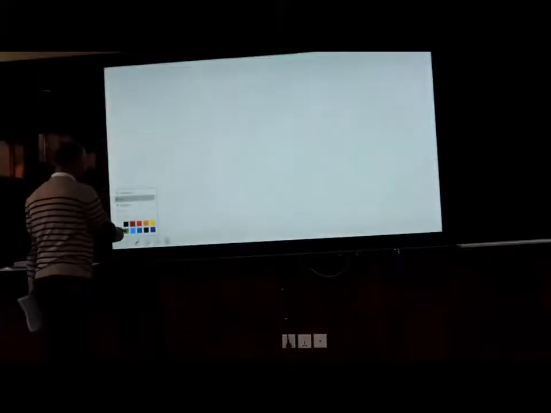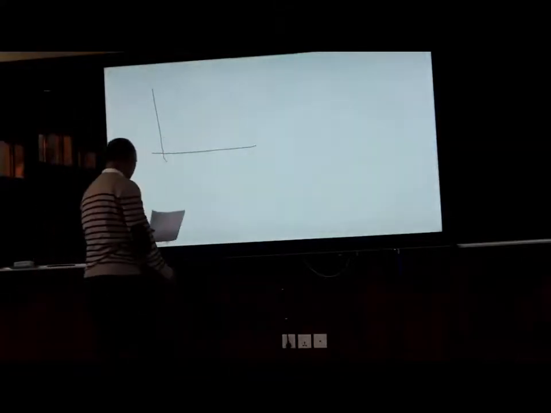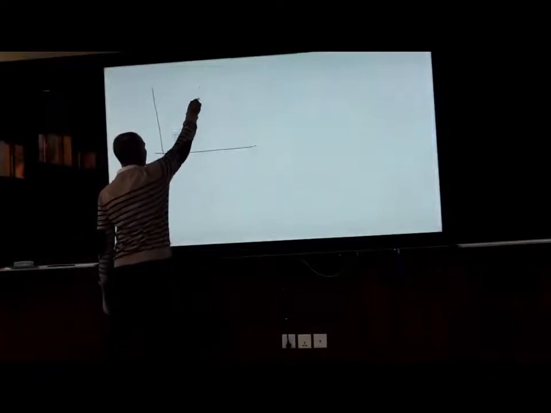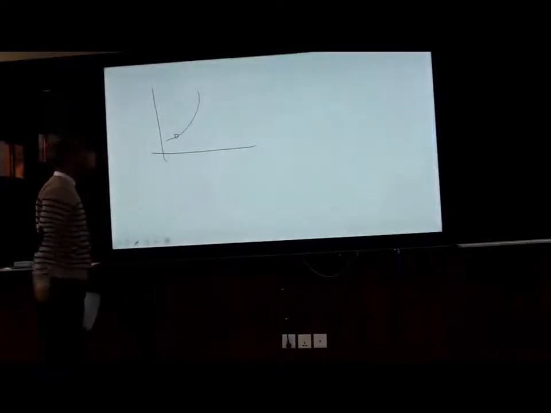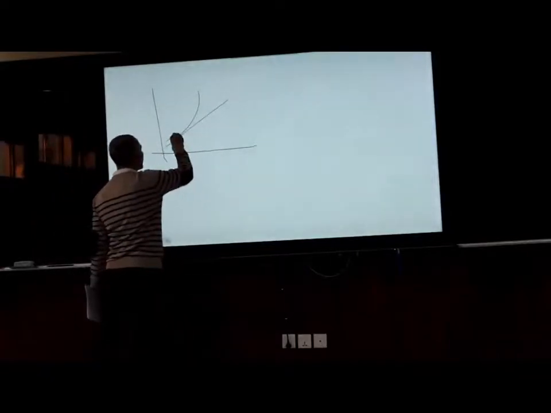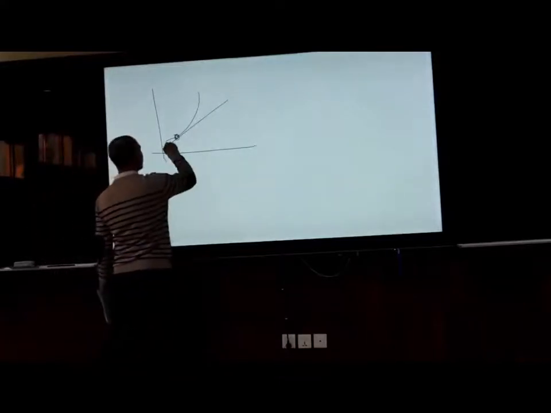Okay, the geometrical interpretation of the slope of the tangent line can be shown in a graph. For example, we have some point here, and I am talking about a line passing through the curve and touching only one point. We make the color of the line a little bit different.